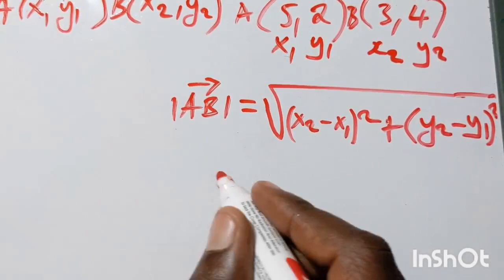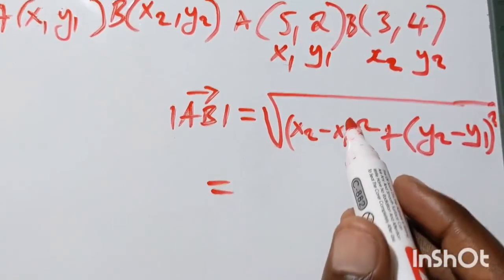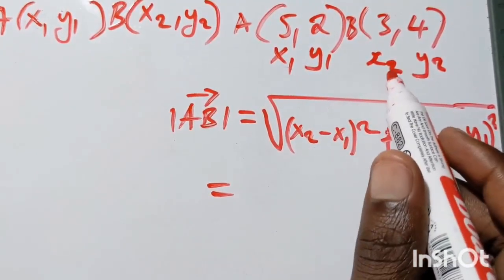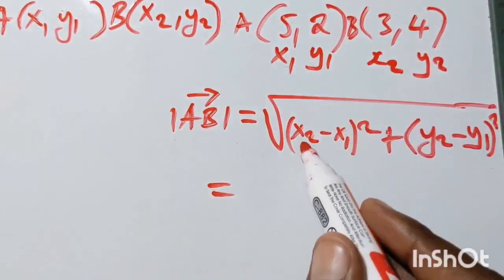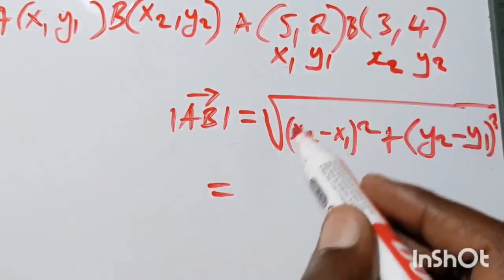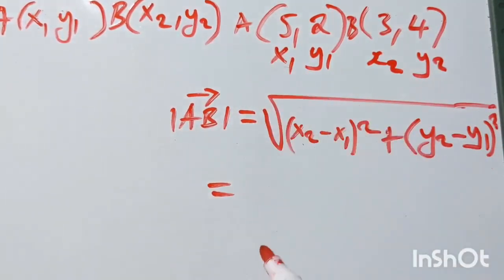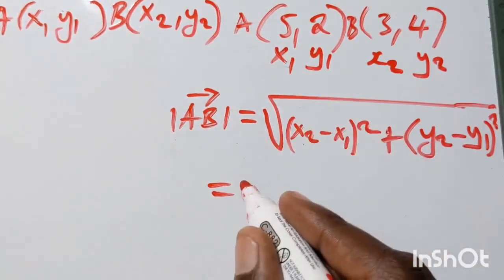What is our x1 and x2? Our x2 is 3 and our x1 is 5.